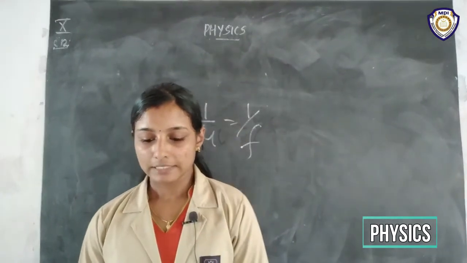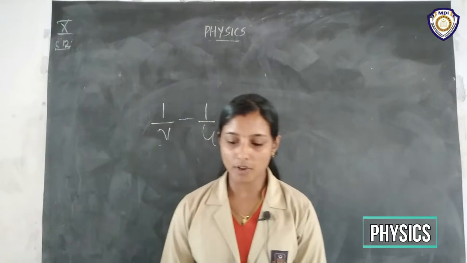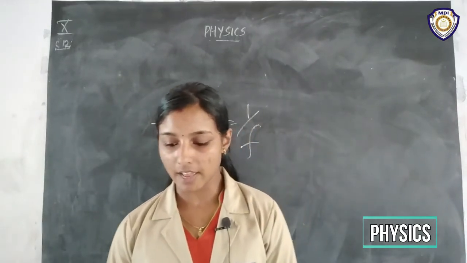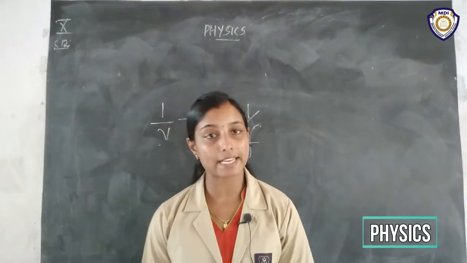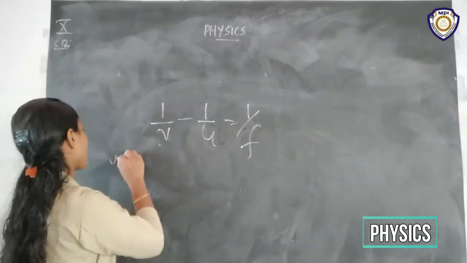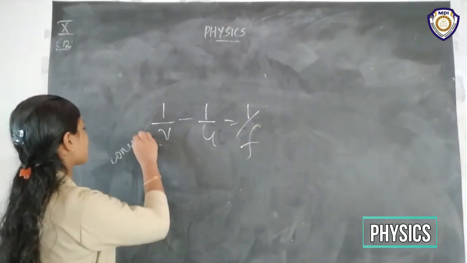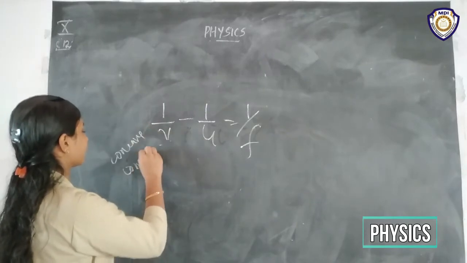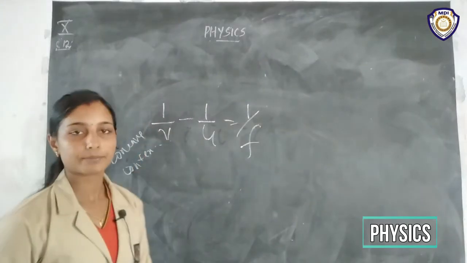The lens formula given above is general and is valid in all situations for spherical lenses. So it is valid for concave lens as well as convex lens, in all situations, for any spherical lens.